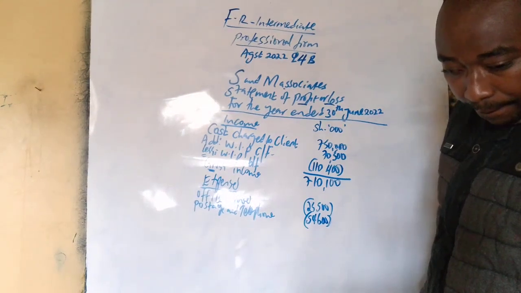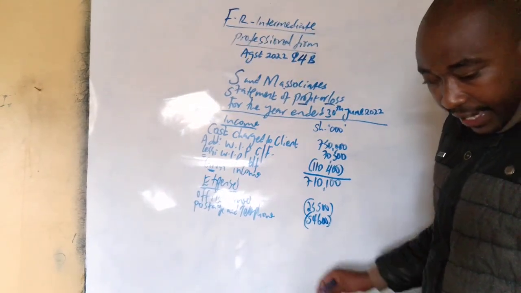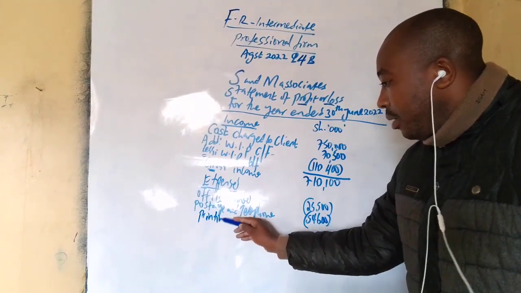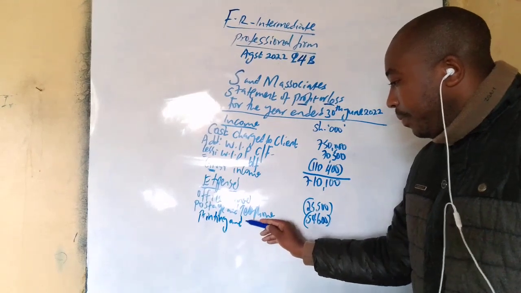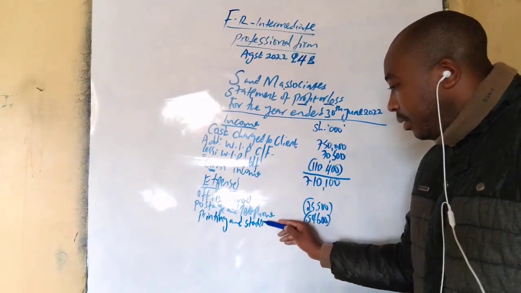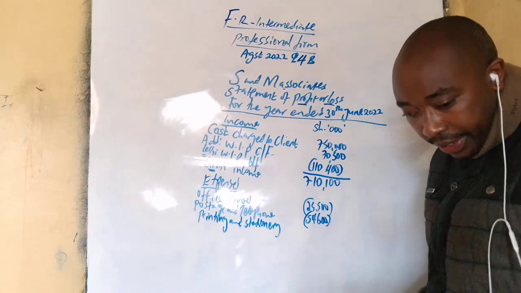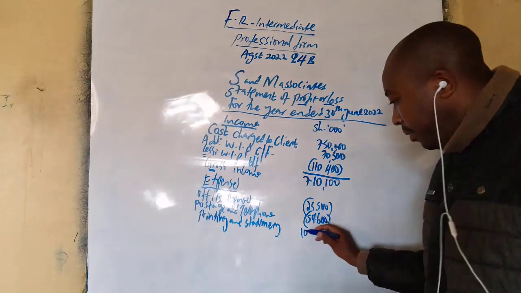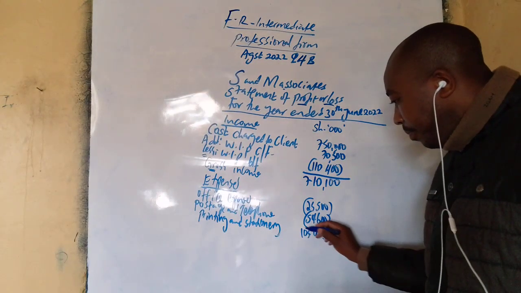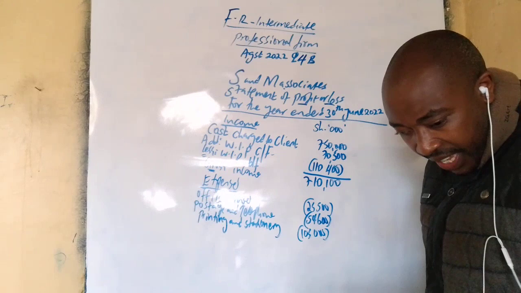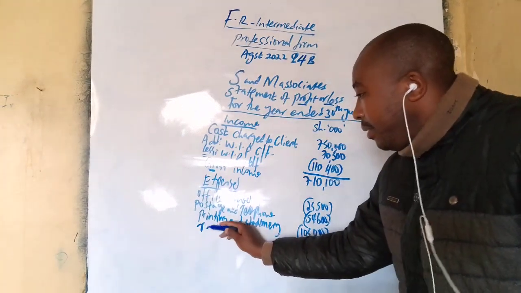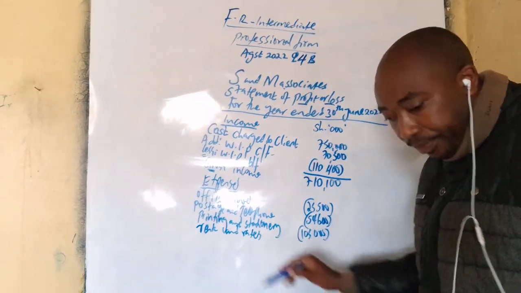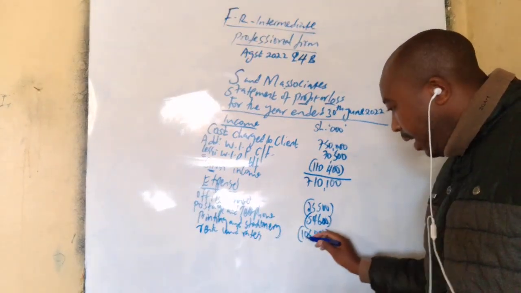We have printing and stationery. It is amounting to 105,000. We have rent and rates, 180,000.